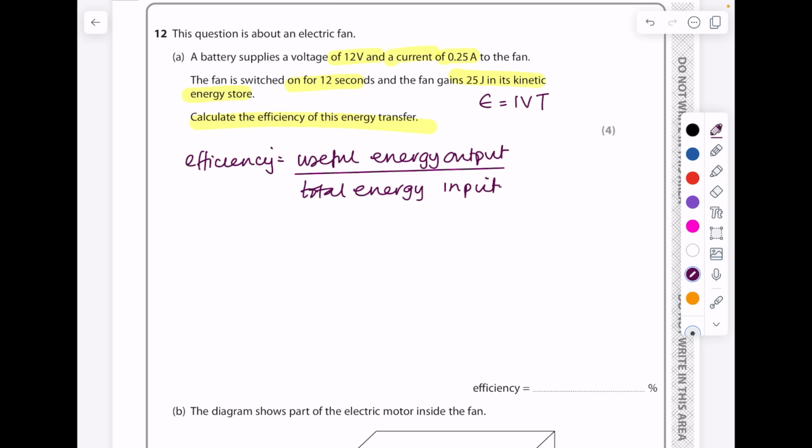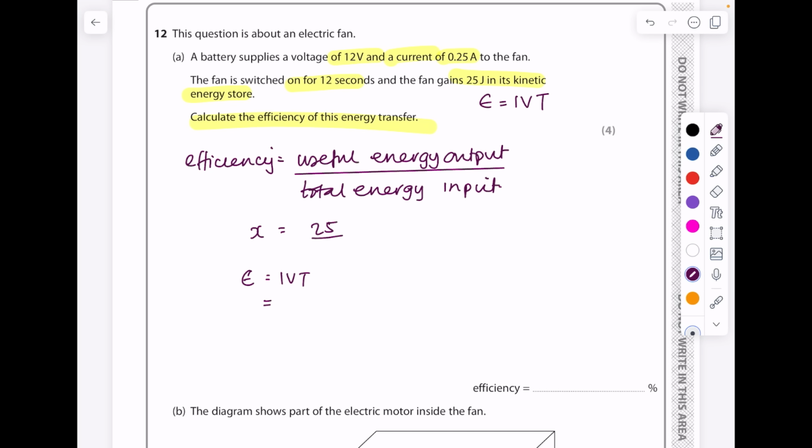Because it's a fan, obviously we want the air to be moving, so this 25 joules right here must be the useful energy output. We can't calculate the efficiency until we've got the total energy input, and that's where this equation here comes in, E equals IVT.